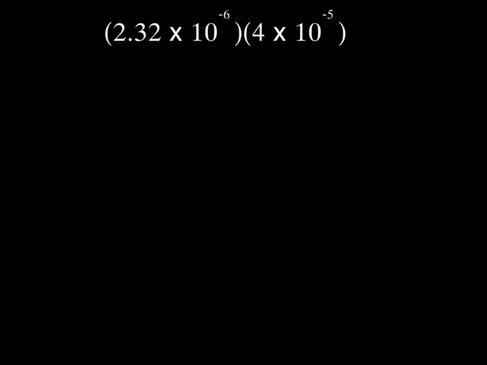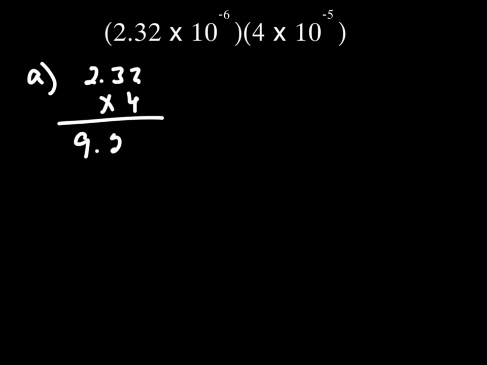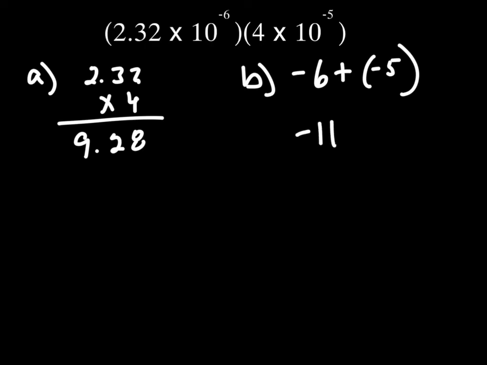For our next problem, you'll notice that we have negative powers. We're going to deal with those when we get to step B. So step A, we're going to take our 2.32 and multiply that by 4. That's going to come out to be 9.28. We're going to take our second step and still combine, or add in this case, our powers, but you notice that they have the same signs, so we are going to end up with a negative 11.